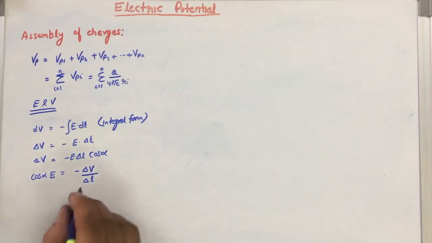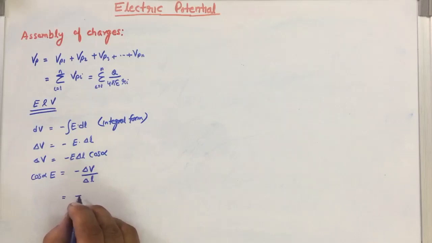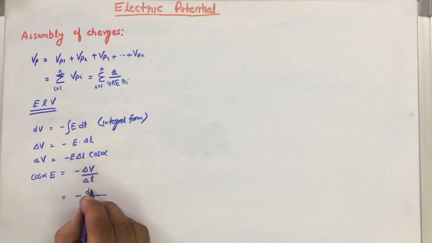From here, change in length can be written as dl for small change, and change in potential as dV.